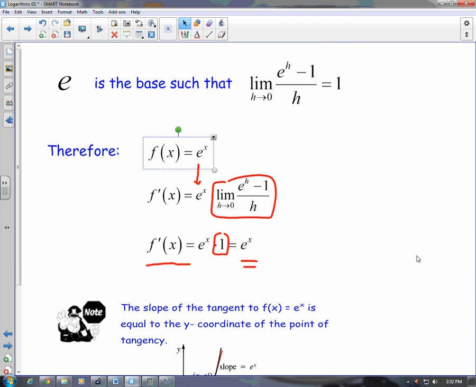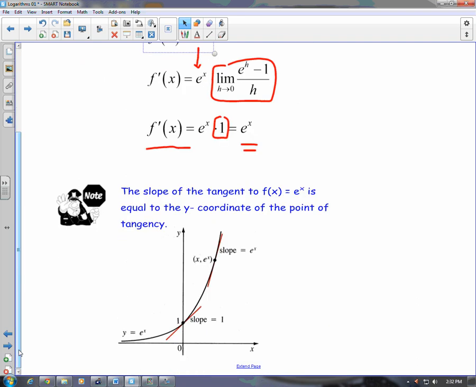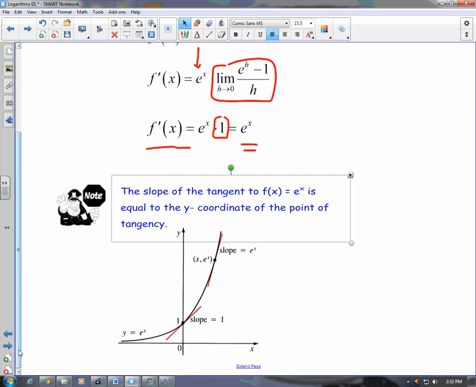Well, here's a thing that hopefully helps us make sense of it. We're looking at an exponential function, and you know the characteristics of exponential functions. Remember that the slope of the tangent line to a point on the curve is the numerical value of the derivative.